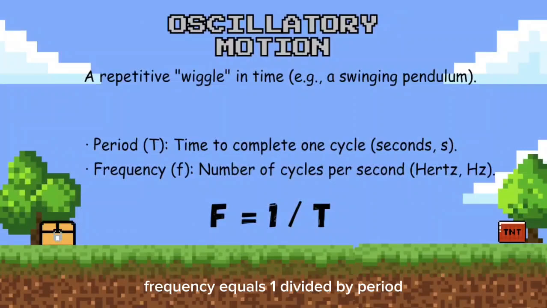Frequency equals 1 divided by period. A high frequency means a very short period, and vice versa. For example, a string that vibrates 440 times per second has a frequency of 440 Hz and a period of just 1 over 440th of a second.